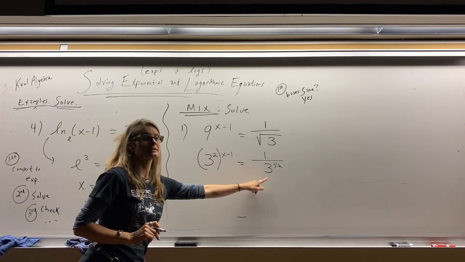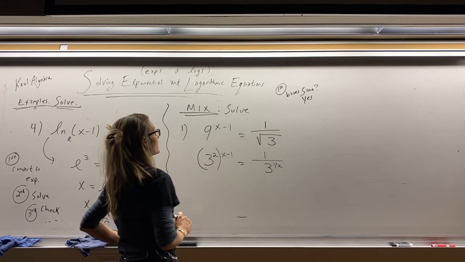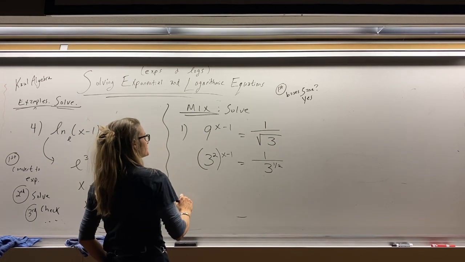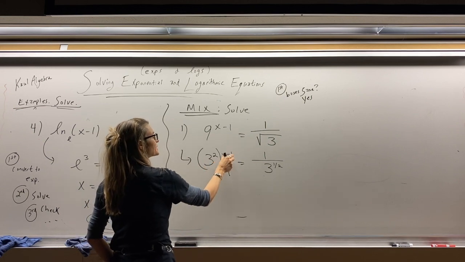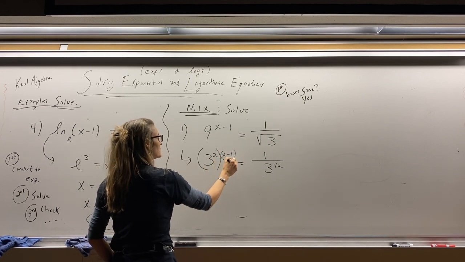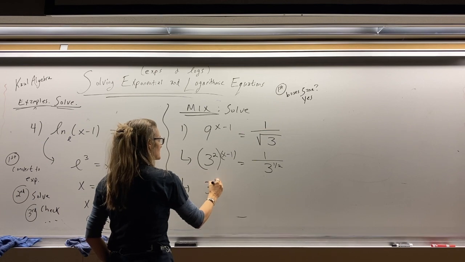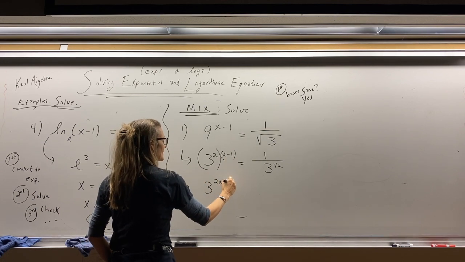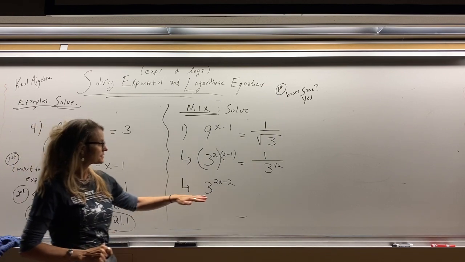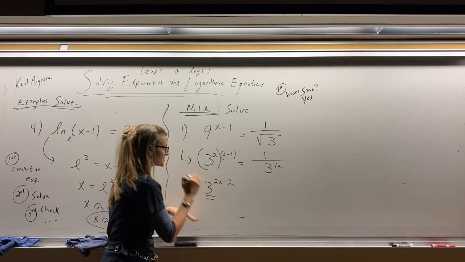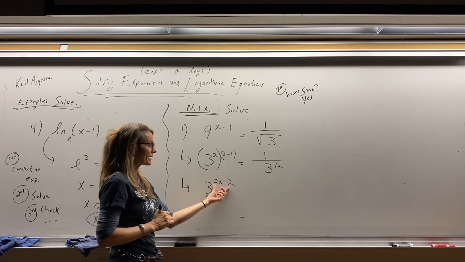Right now these bases are not the same. And my next step is 3 squared to the x minus 1 power is really 3 to the 2x minus 2 power, correct? So this now is in terms of base 3, and I've simplified my exponent.